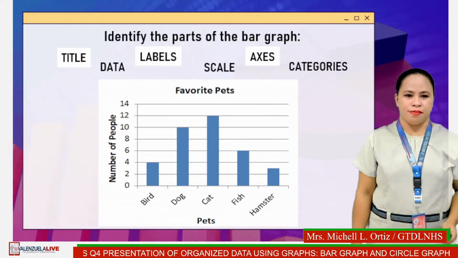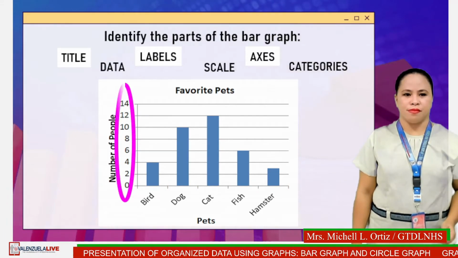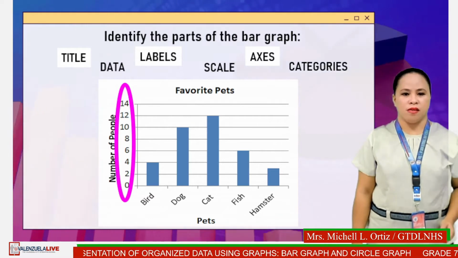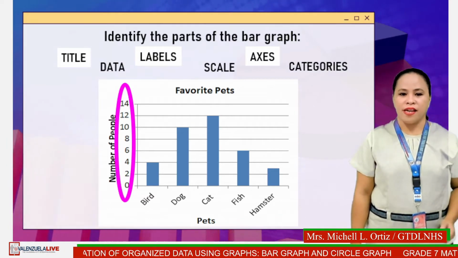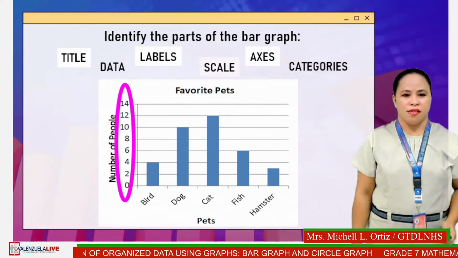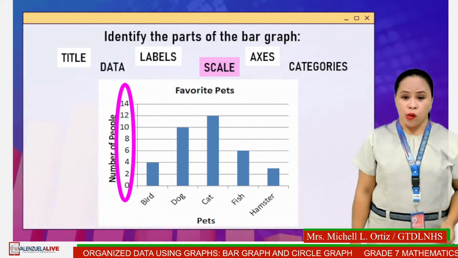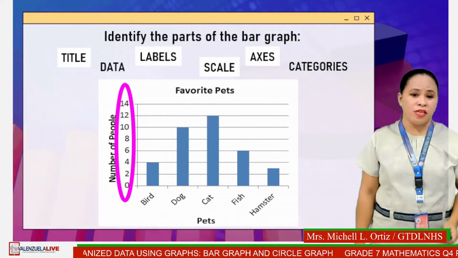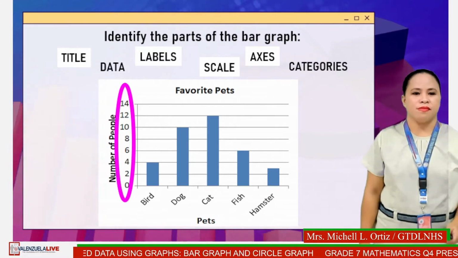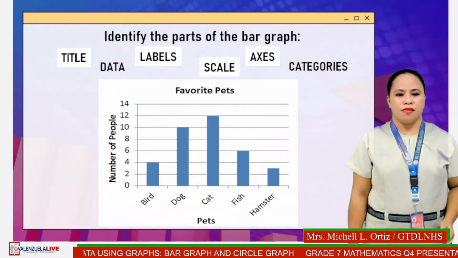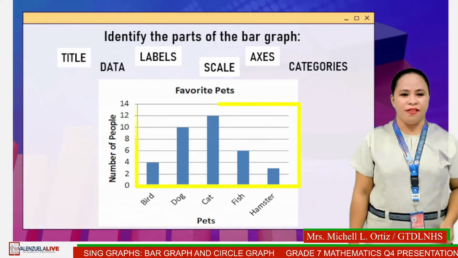Number 4. Correct answer is scale. Take note, they must have equal interval. Next, number 5.